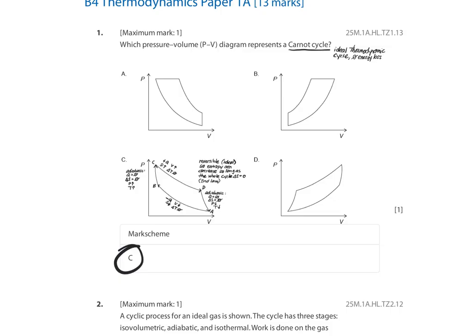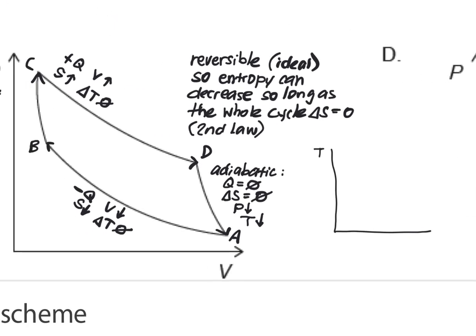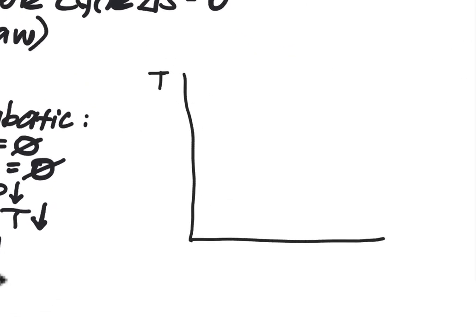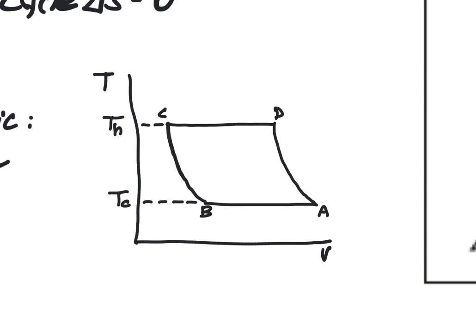Okay, next question. Actually, that's a pressure-volume Carnot cycle. Let me also sketch the same as a temperature-volume graph. Sorry, I'm looking at the wrong graphs. I'm going to put temperature instead of pressure on the y-axis, and volume on the x-axis. And so it's the same cycle as temperature-volume.